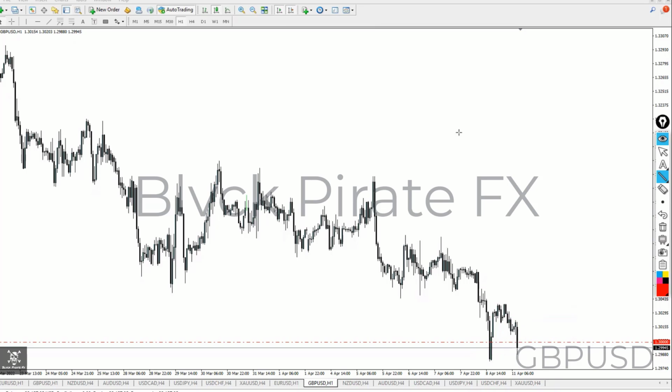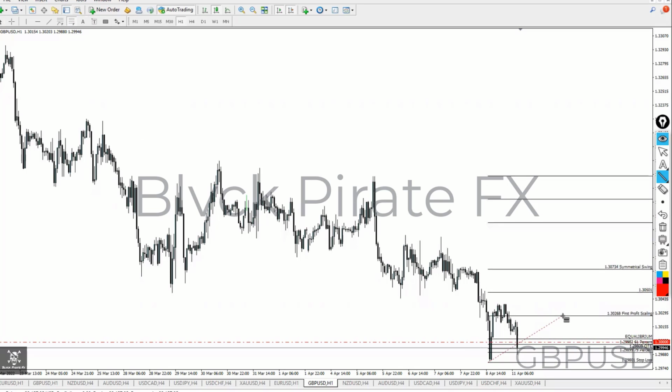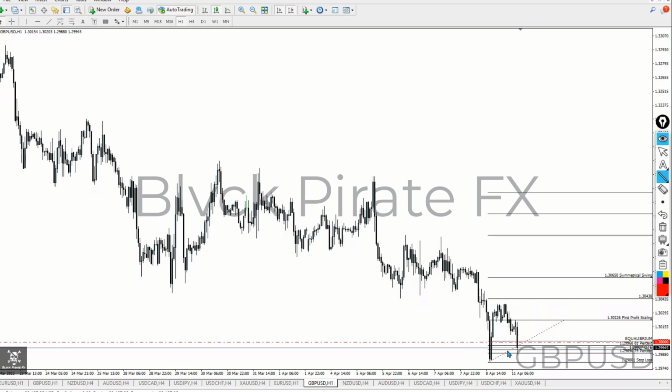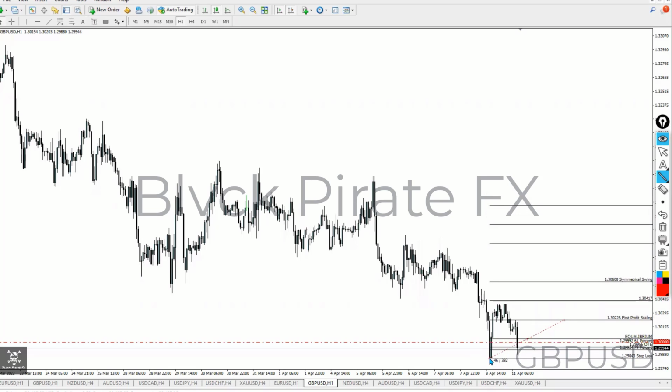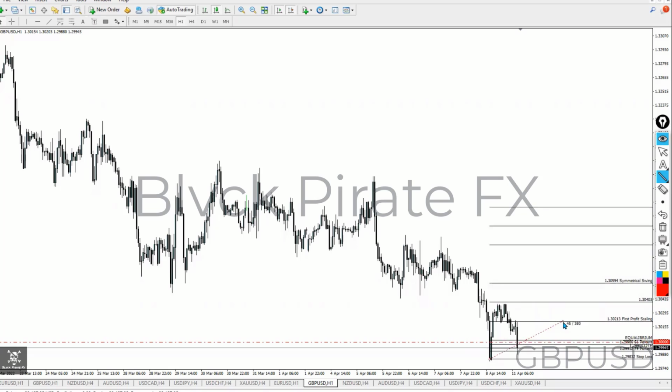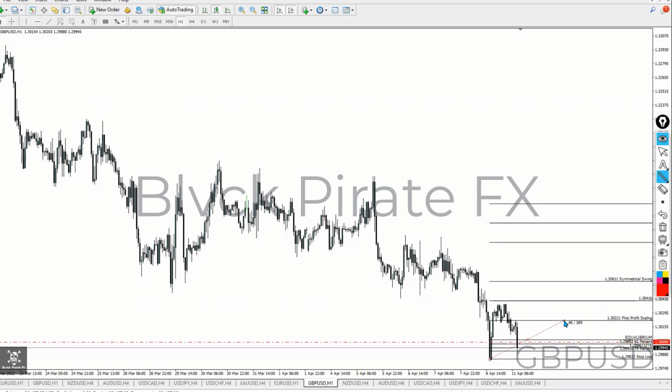All right, so let me quickly mark out what I believe price is going to do on this chart. If I pull out my fibs, we can, right there. Look at the mean threshold of this last down close candle, which we are currently trading.